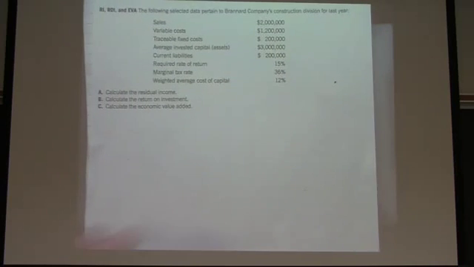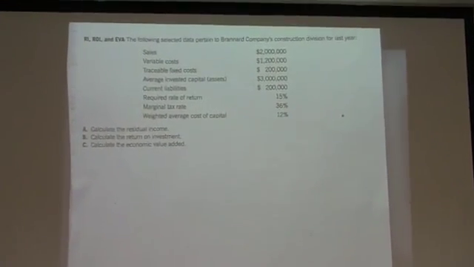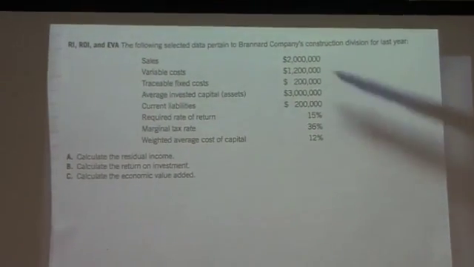So this is a simple question, and it is meant to give us a good understanding of how the formula works. The following is selected data from this company's construction division last year.